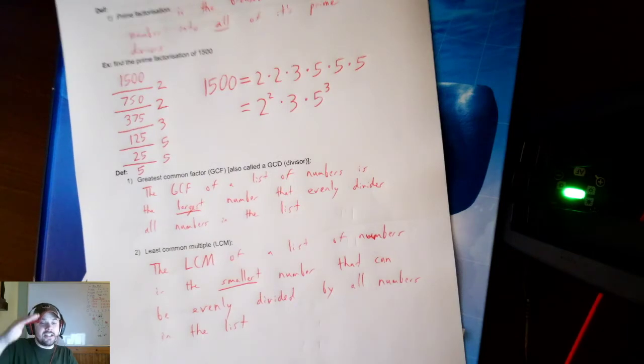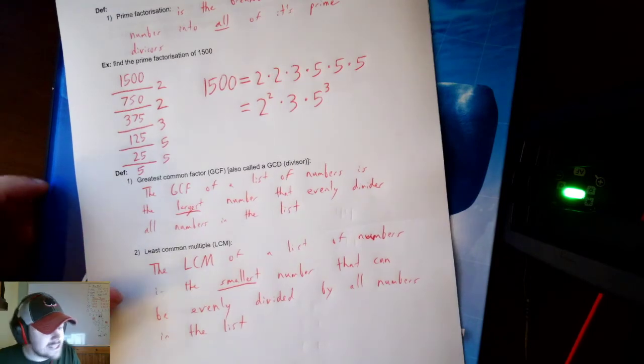So we have a GCF and an LCM. The GCF is the largest number that divides everything in the list. The LCM is the smallest number that can be evenly divided by everything in the list.